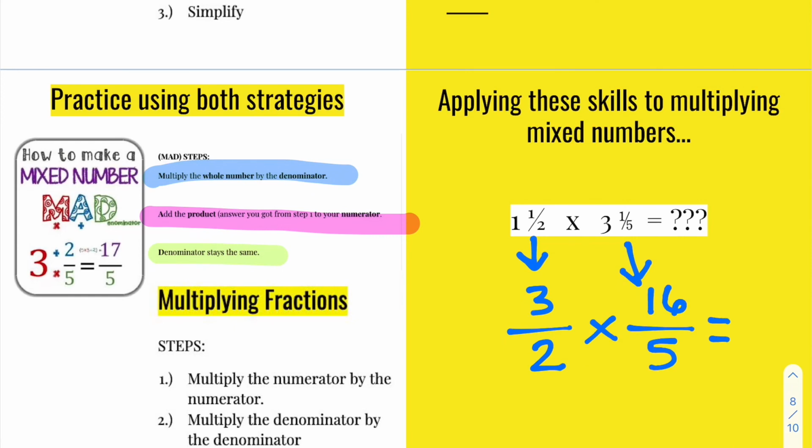And now I can go on to multiplying the fractions. So what do I multiply first? Did you say my numerators? If so, you're right. And 16 is a big numerator, so I'm going to use my area model.